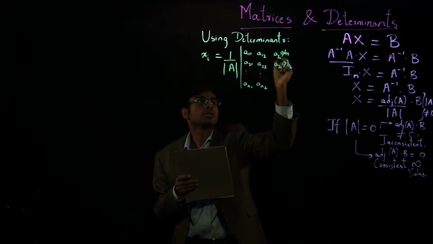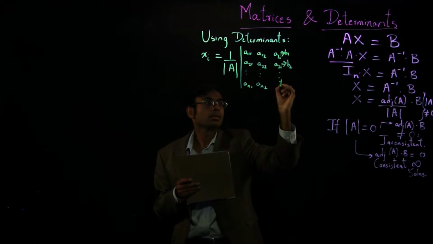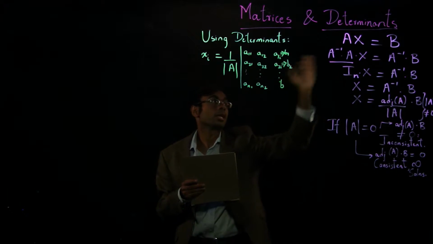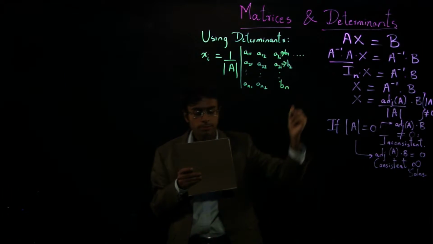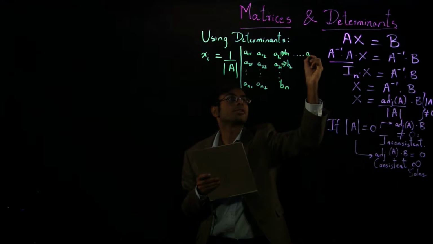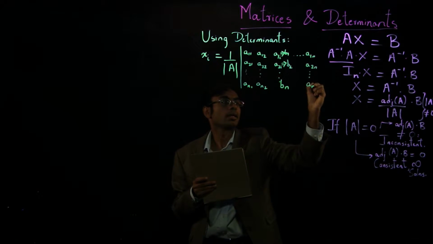You don't keep the original terms A1i, A2i, and so on. Keep replacing these by the elements of the right hand side, bn, and then the rest of the determinant stays the same all the way up to A1n, A2n, Ann.